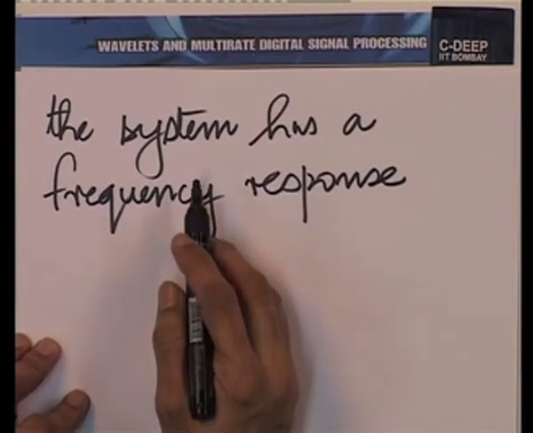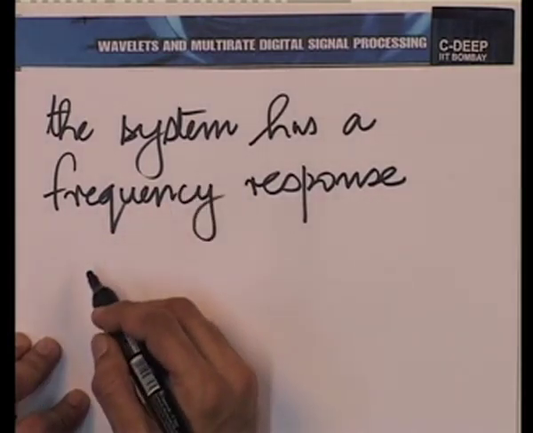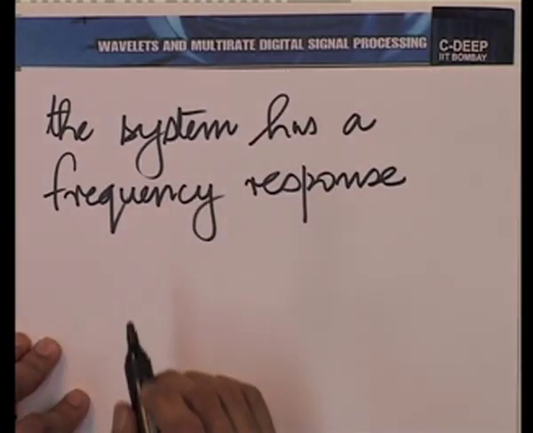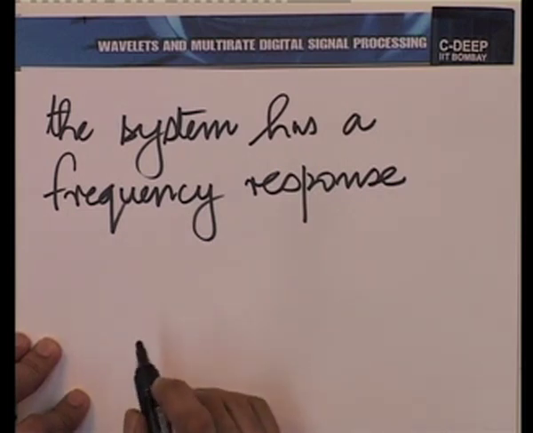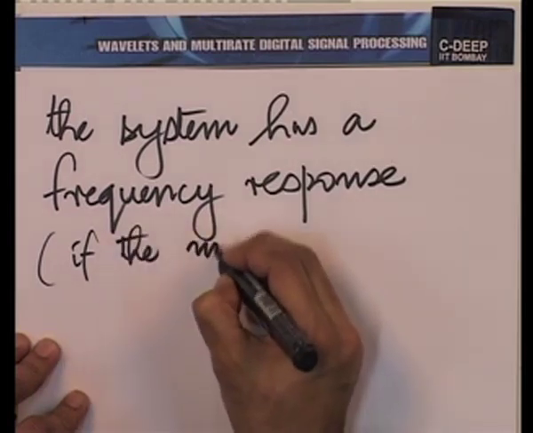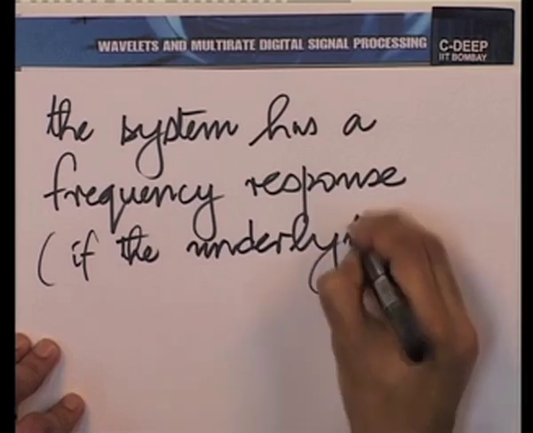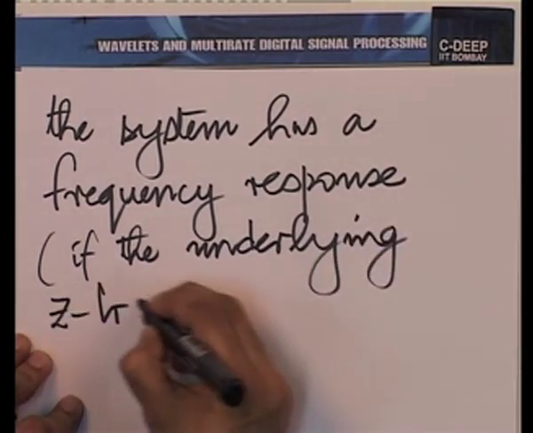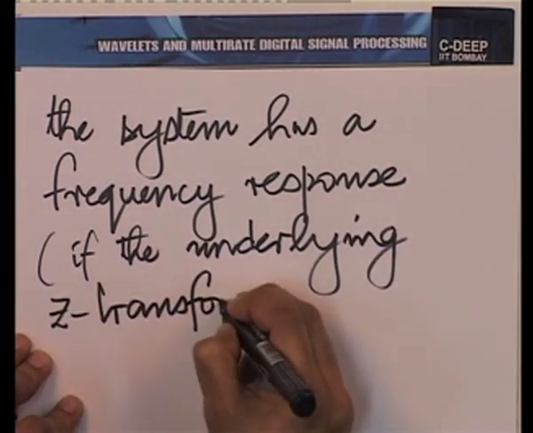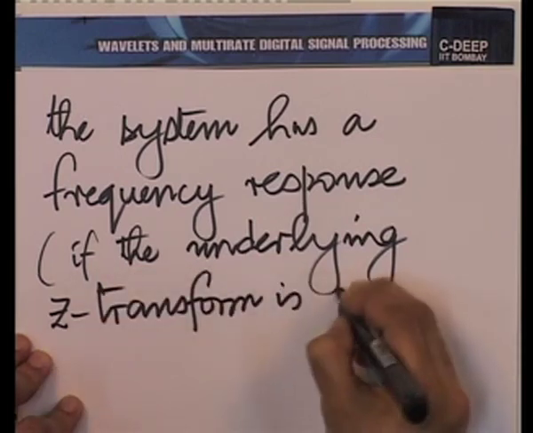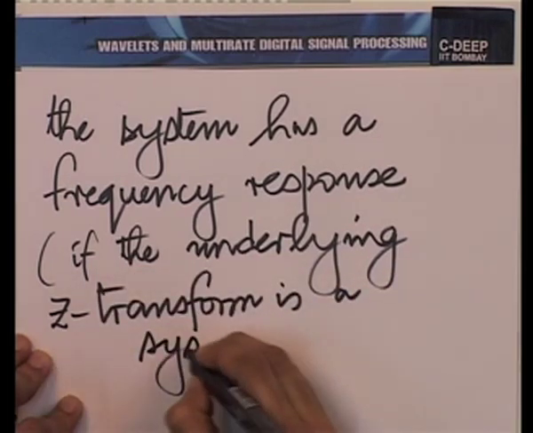That is, we talk about the system having a frequency response if the underlying Z transform is a system function.